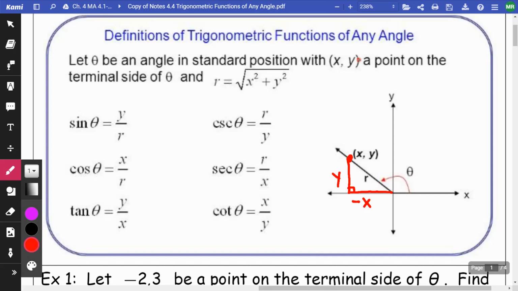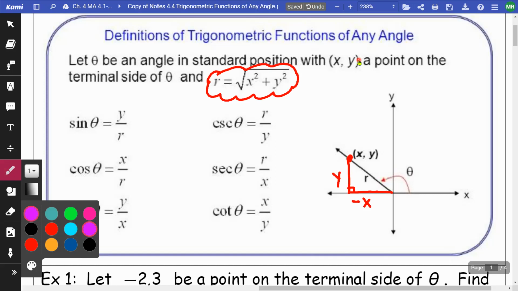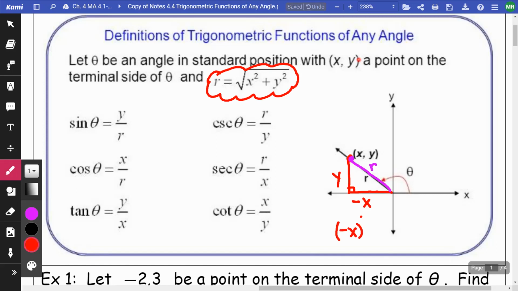Now, if you're wondering where they got this equation for the radius, it's just Pythagorean, because that radius is from here to here. That's my r. So if I wanted to find that, I can do Pythagorean. In this case, I'm going to write negative x just to show you that if this is on the negative side, that value should have been negative, plus y squared equals r squared.